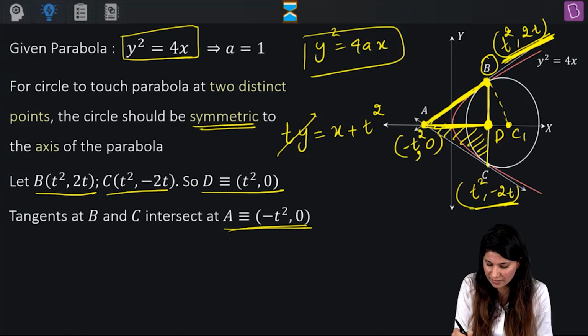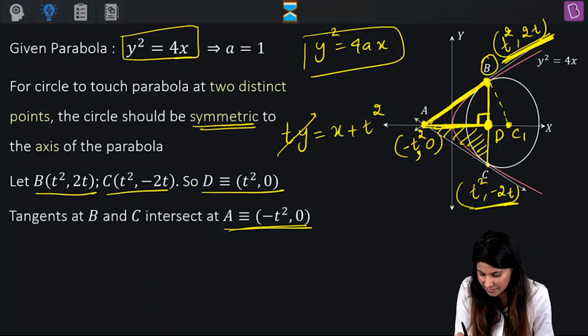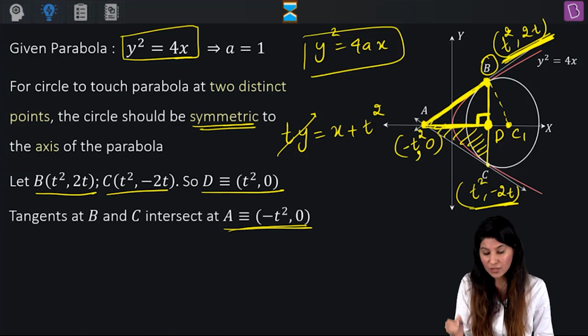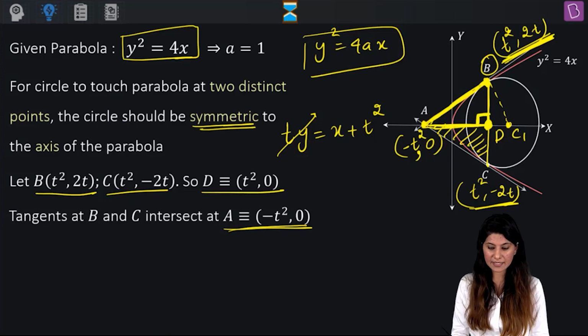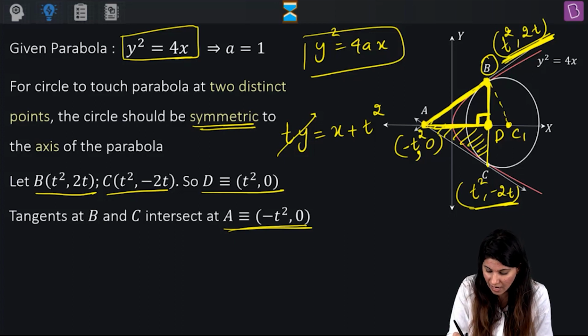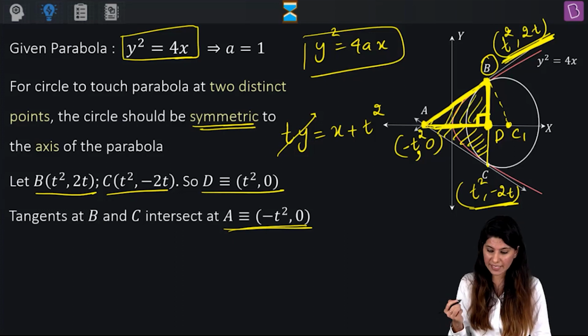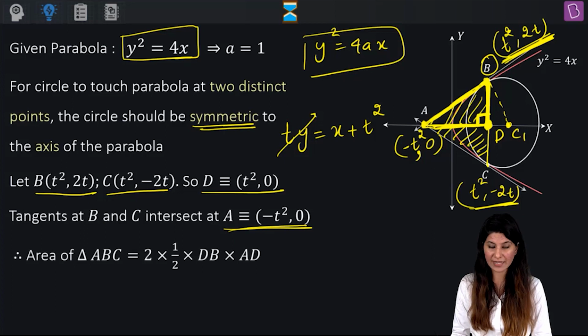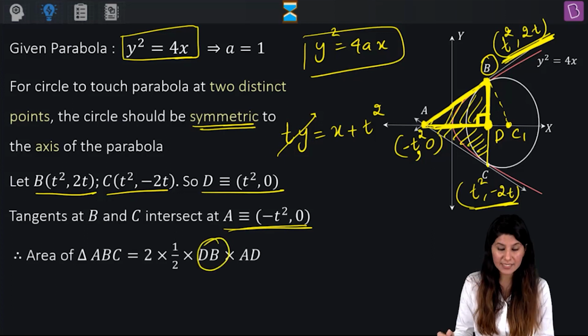Can you see this triangle has this angle 90 degrees? So this is a right angle triangle, isn't it? Half into BD into AD will give you the area of this triangle, and if you multiply it by 2, you'll get the area of triangle ABC.